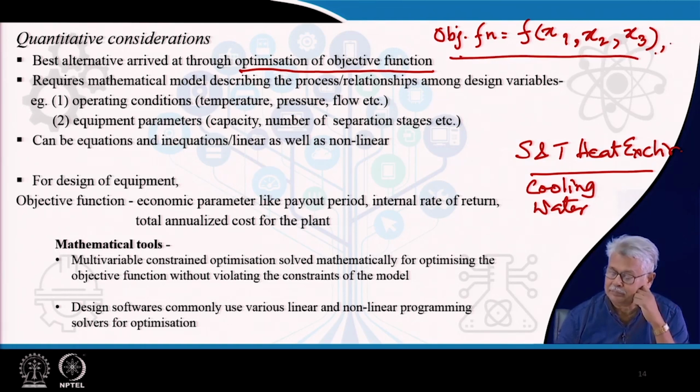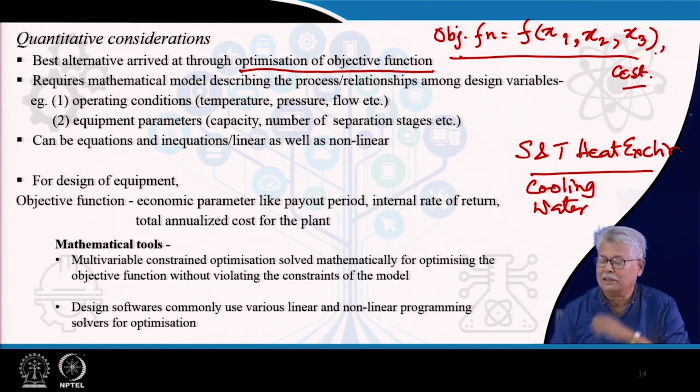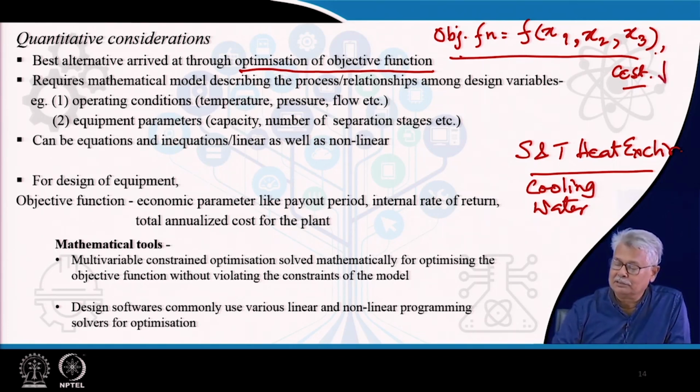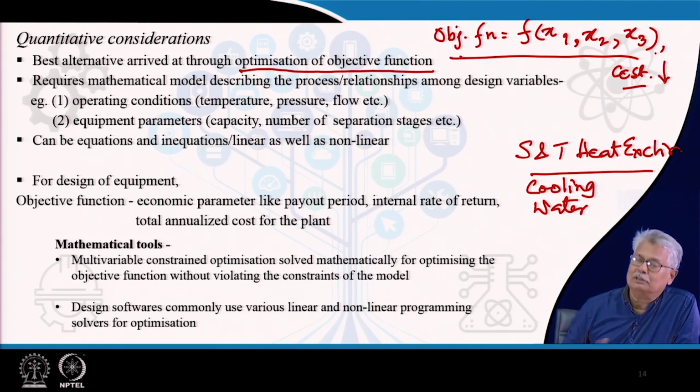This could be cost. So my objective will be to minimize the cost. So we have to define the objective function, which is my cost, in terms of different parameters of my design x1, x2 and x3.